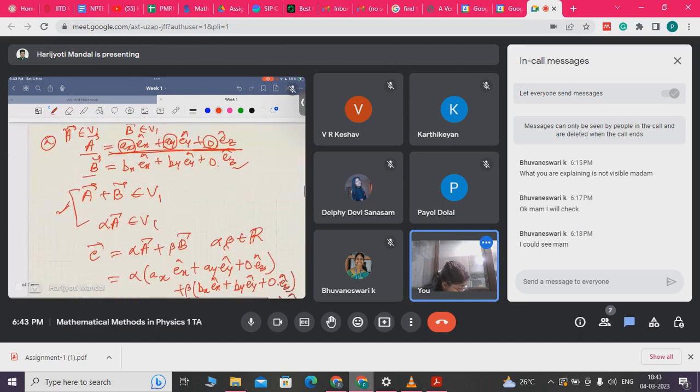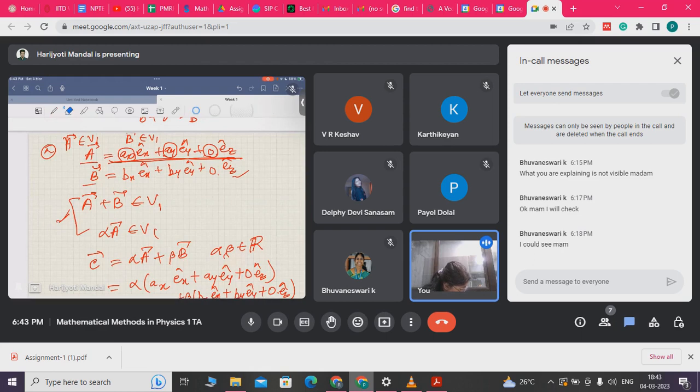Statement B is all vectors with Az equal to 1. Now we have to see if we put 1 here, what will happen. At first, by seeing that, you can assume that if Az equal to 0 makes this a vector space, why not Az equal to 1?